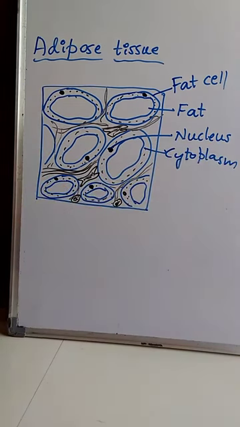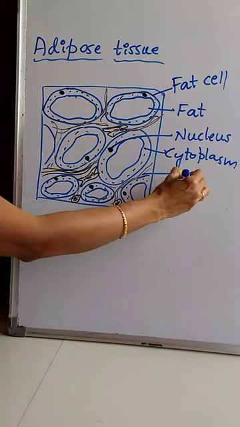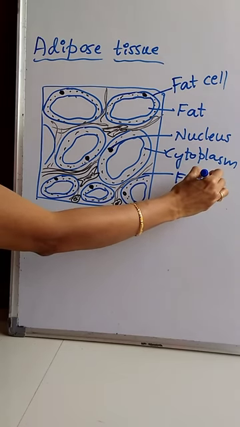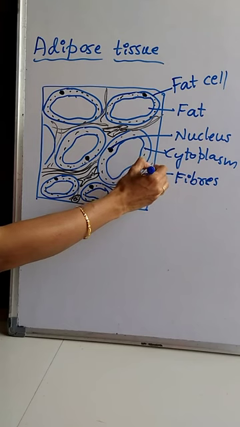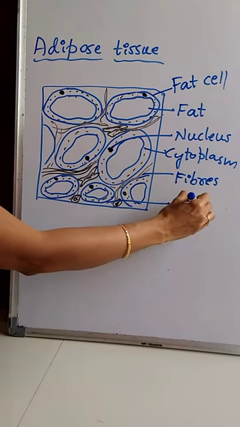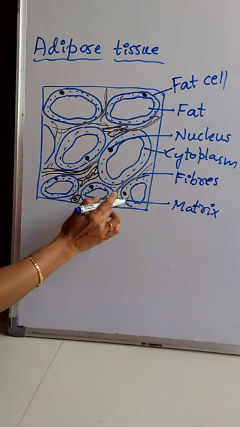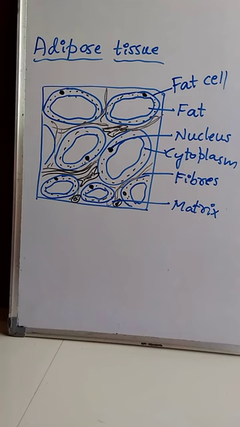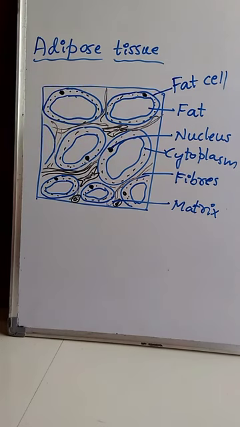Cytoplasm is also present in the periphery, and these are the fibers, various types of fibers, and this is the matrix of the adipose tissue. This is the structure of adipose tissue.